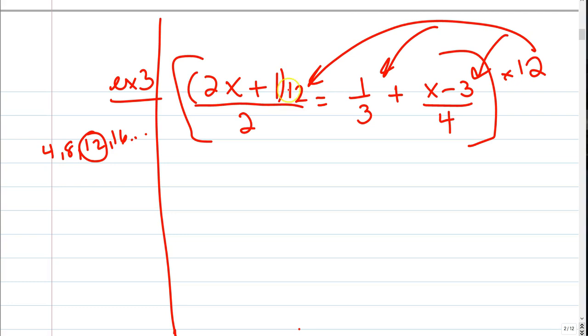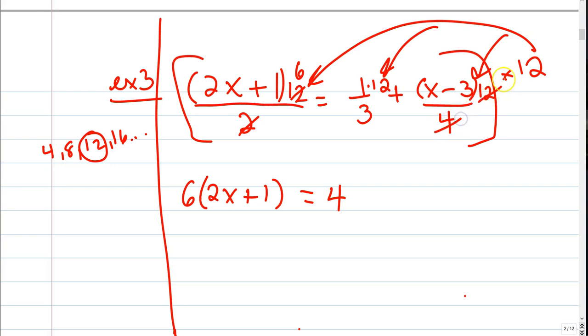So this gets a 12. The 2 goes into the 12, makes that a 6. I have 2x plus 1 times 6. No more fraction. This gets a 12. I get 12 divided by 3. How about 4? No more fraction there. This gets a 12. The 4 goes into the 12 3 times, so I'm left with 3 times x minus 3.